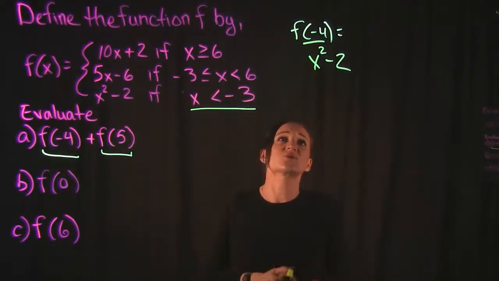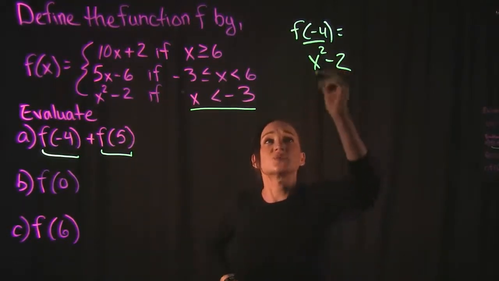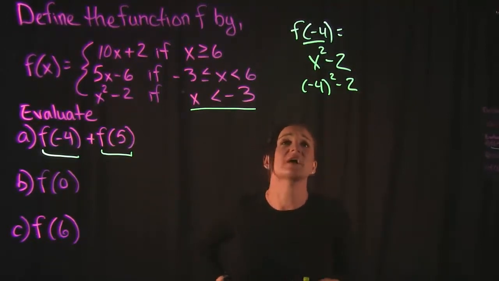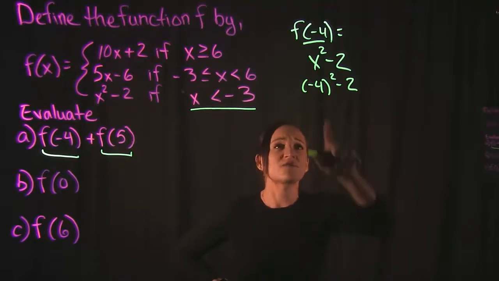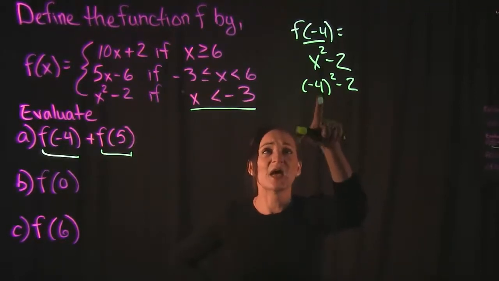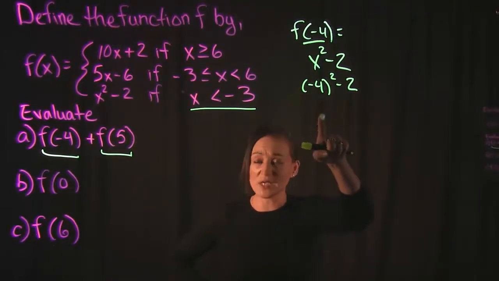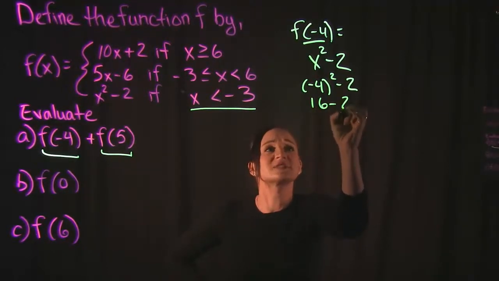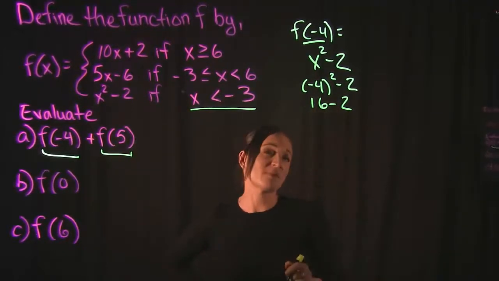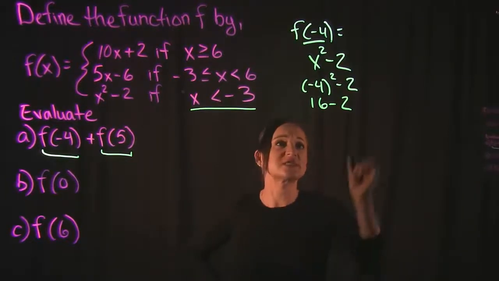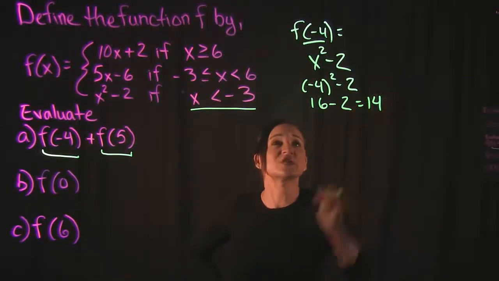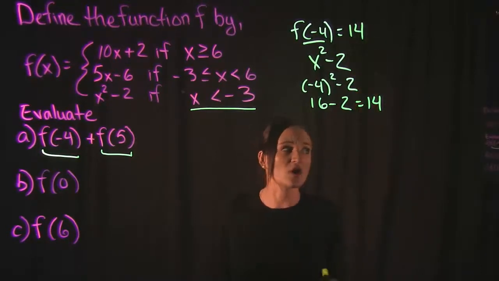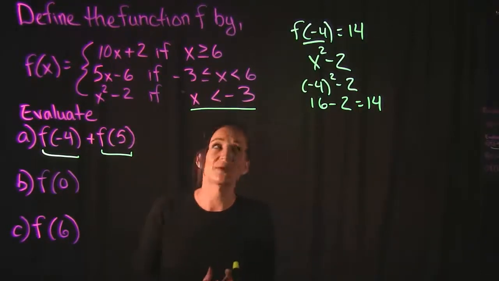So we take x squared minus 2 and plug in negative 4 for x and then simplify. Because we had x squared, we need to take negative 4 times negative 4, which is a positive 16, dropping down the minus 2. That leaves us with 16 minus 2, which is 14. So f of negative 4 is equal to 14.